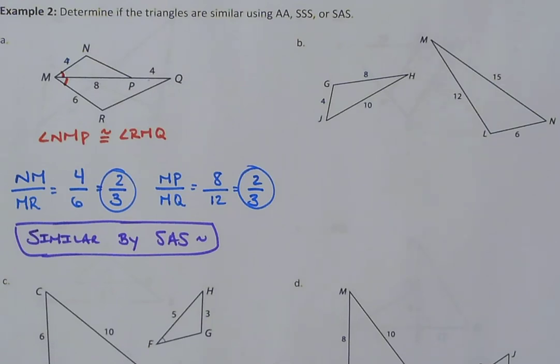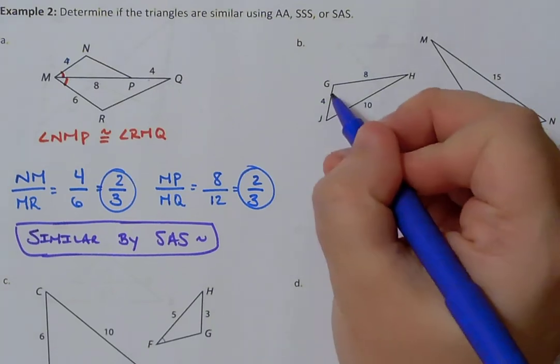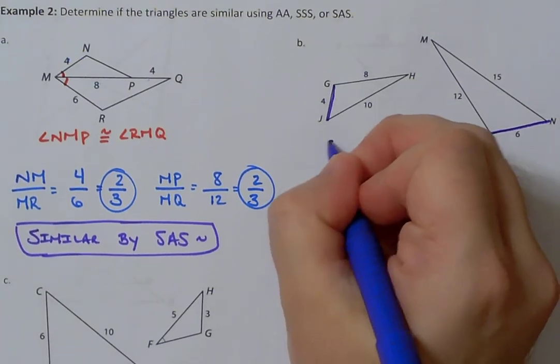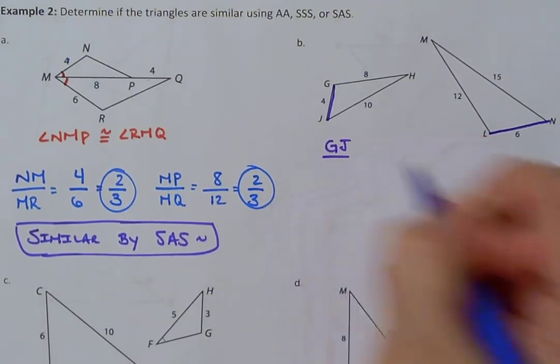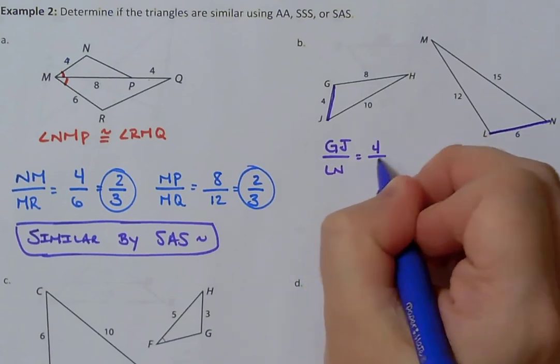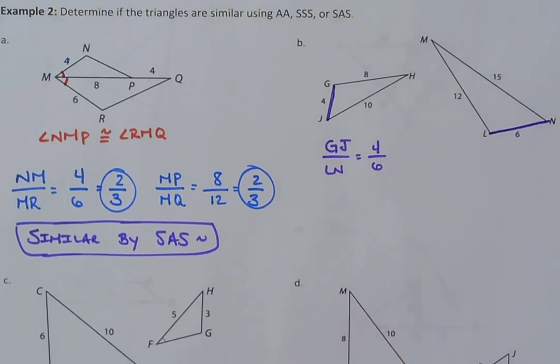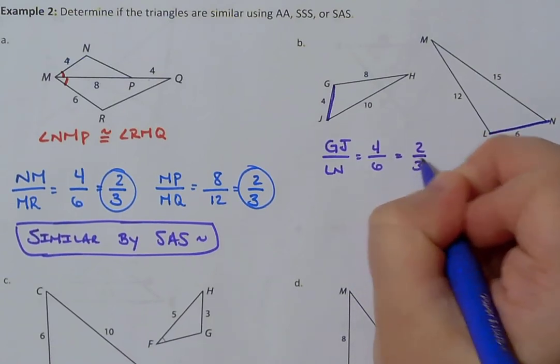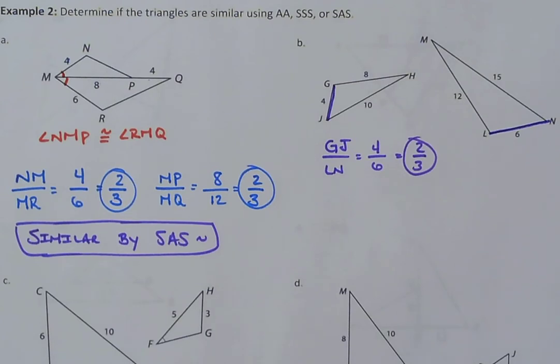So first up, we are going to start with the side length of GJ, and that side is going to correspond to LN, because I'm taking the two smallest sides. So if we have GJ over LN, we have 4 over 6, and 4 over 6 is going to simplify down to 2/3.